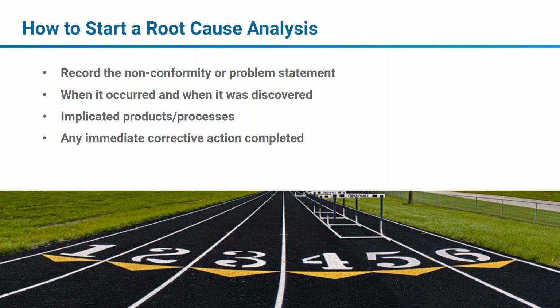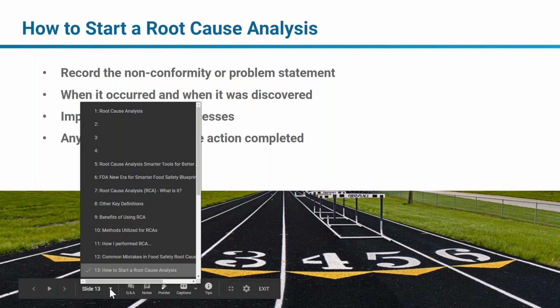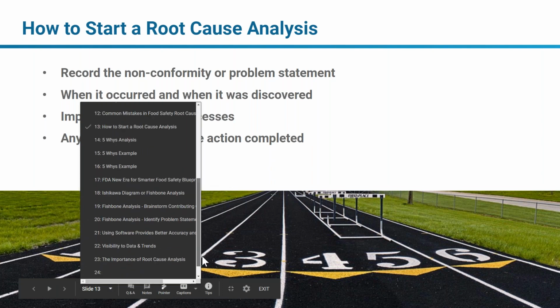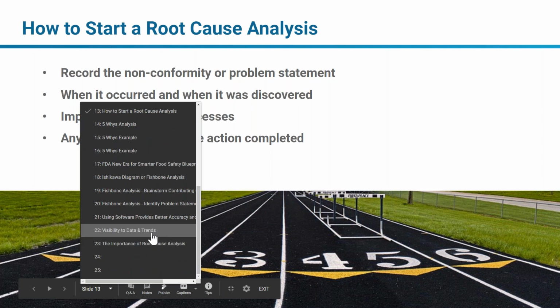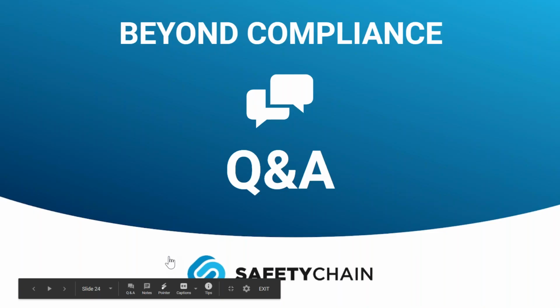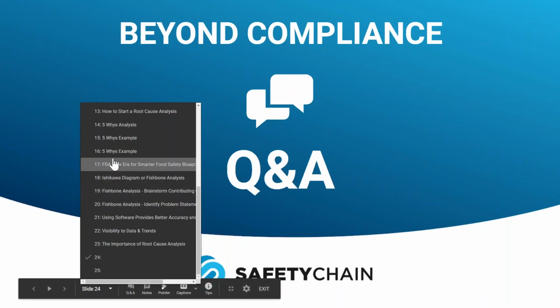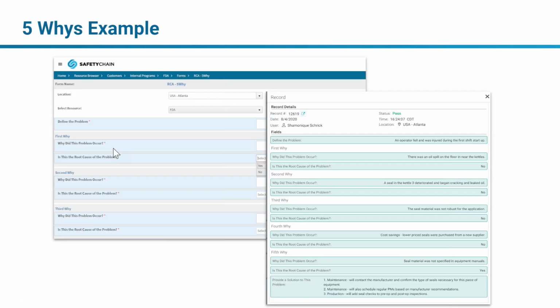On the forms that are built out, you can always provide additional notes for how to perform those different steps. I think go to slide 16, where it says, why did this problem occur?